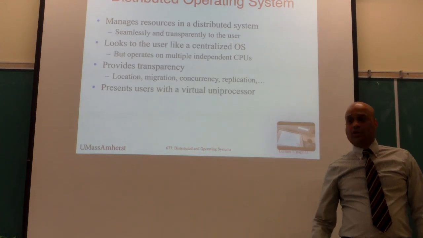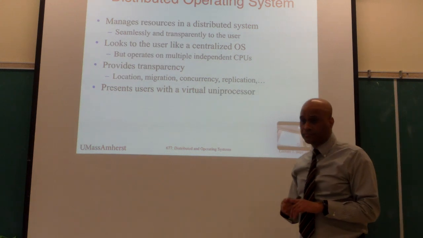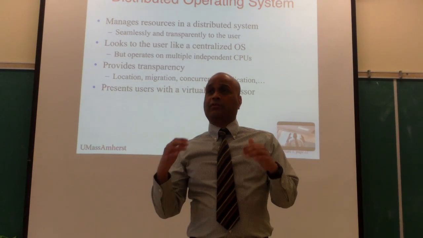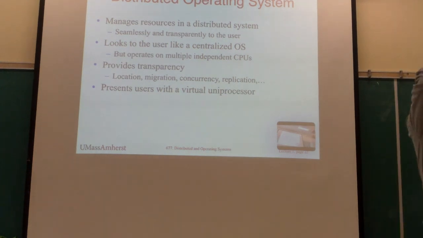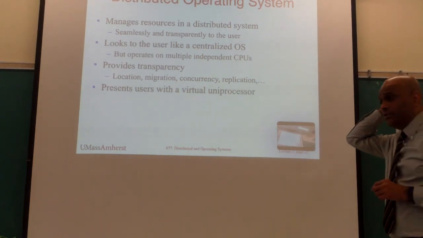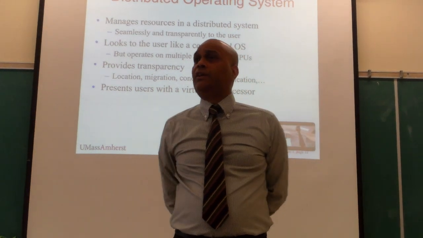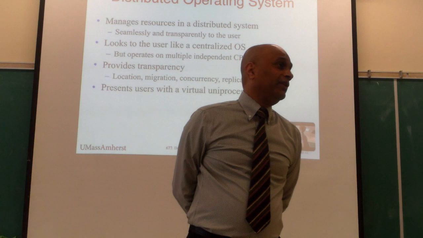So now let's talk a little bit about distributed operating systems. So what is this? Essentially, you have machines that run a uniprocessor operating system. They can run a microkernel operating system and so on. So you can now take all of these machines and you can put them on a network. What you have is a distributed system according to our definition.